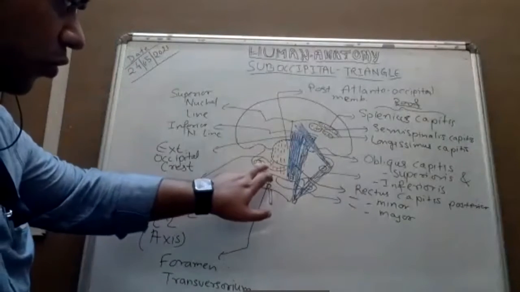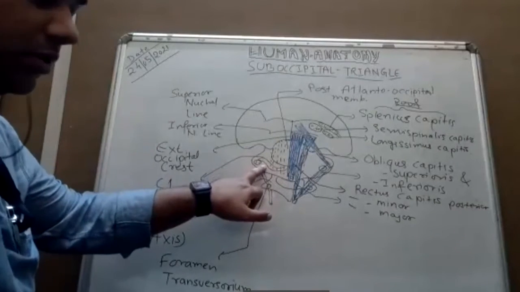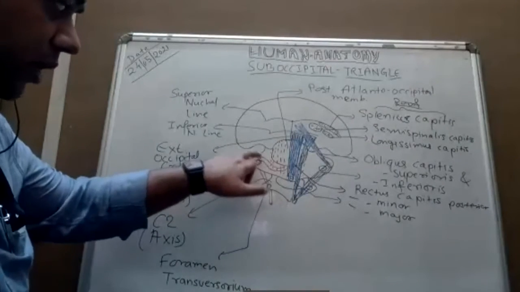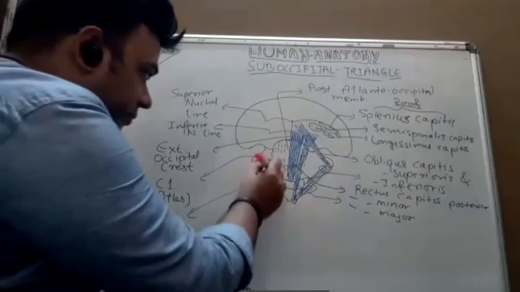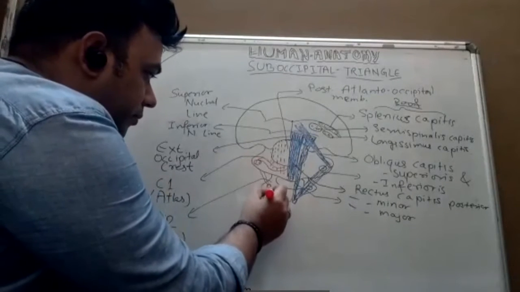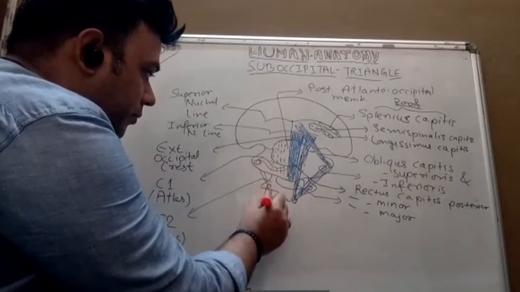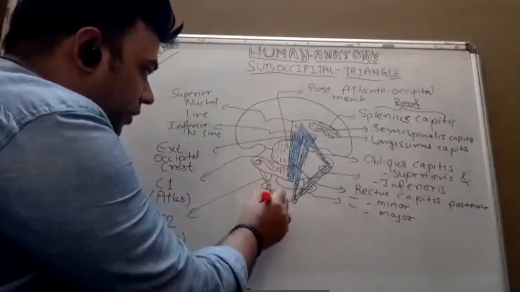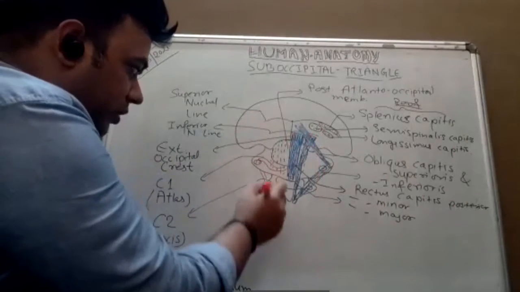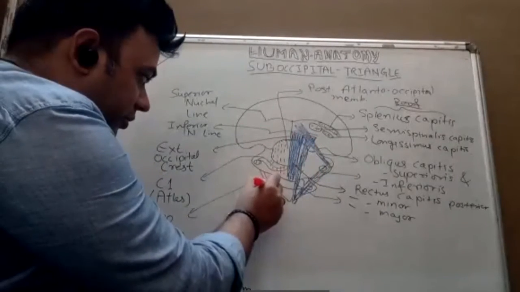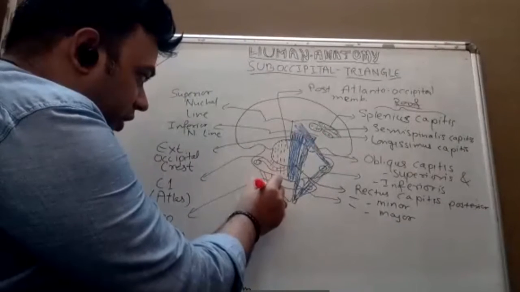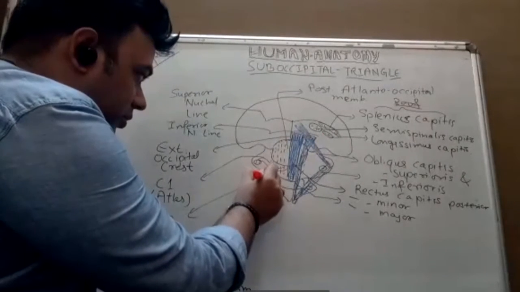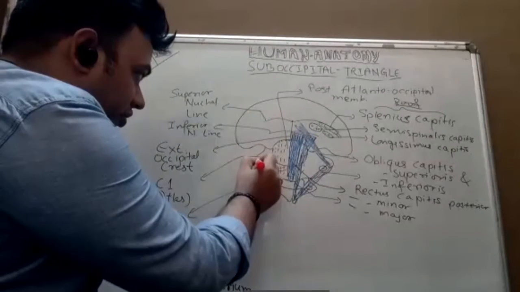There is a vertebral groove over the posterior arch of the atlas, over which this third part of the vertebral artery is passing. I will draw here also, but to make a clear view of that, I am drawing here, because it is not yet cluttered here. Is it making sense?